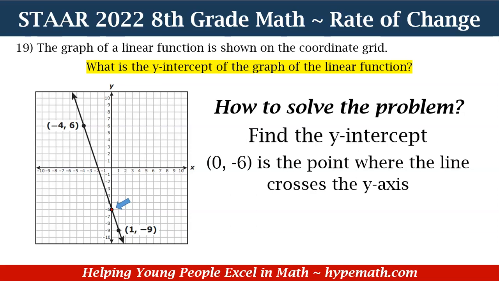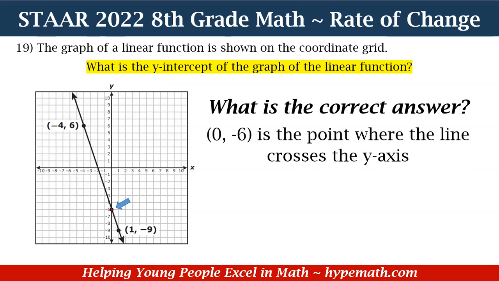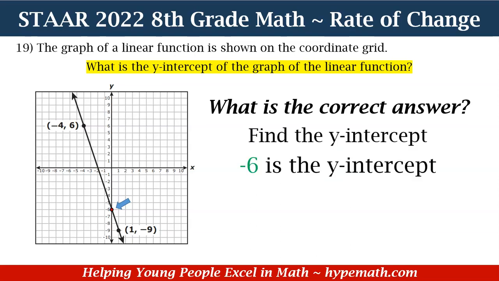That is the point where the line crosses the y-axis. So what is our correct answer for what the y-intercept is? Yes, it is -6. That is our y-intercept. Great job, 8th graders.